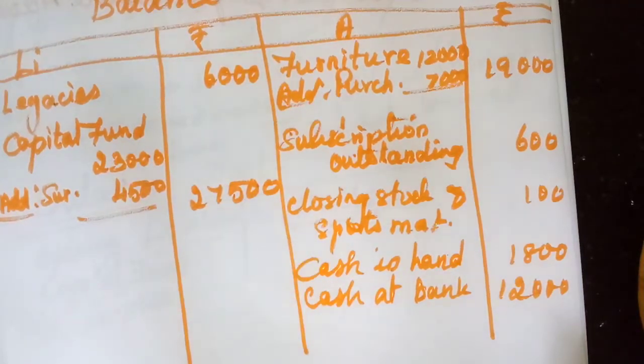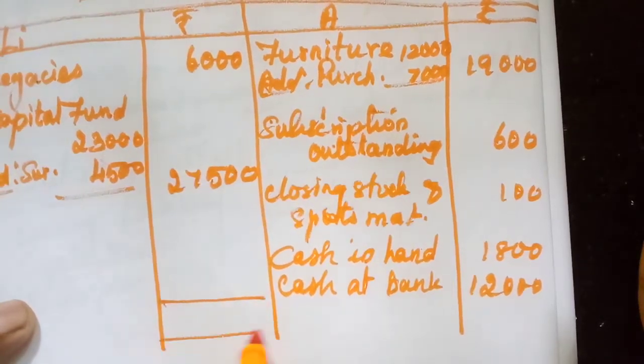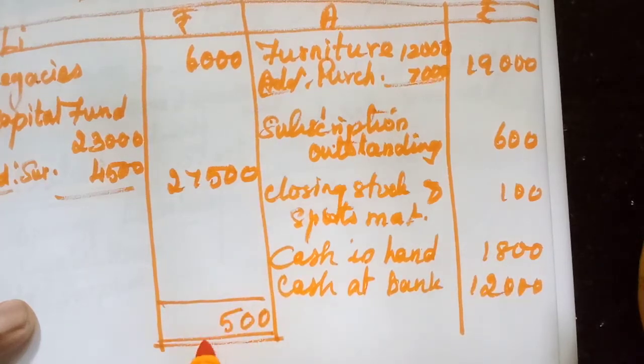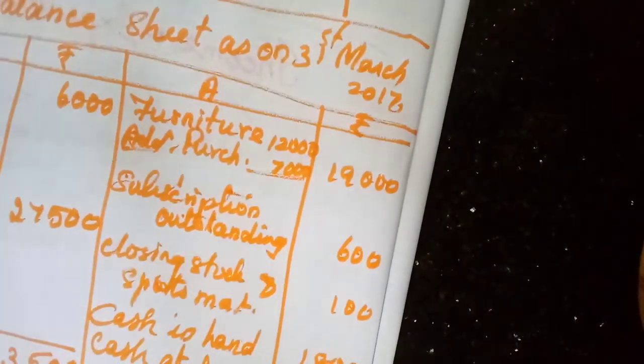Okay. We will add and check whether we have got the answer. You can add with the pencil to check whether it is correct. Okay, don't write with the pen. Then balance 33,500. Whenever you add, use the pencil.